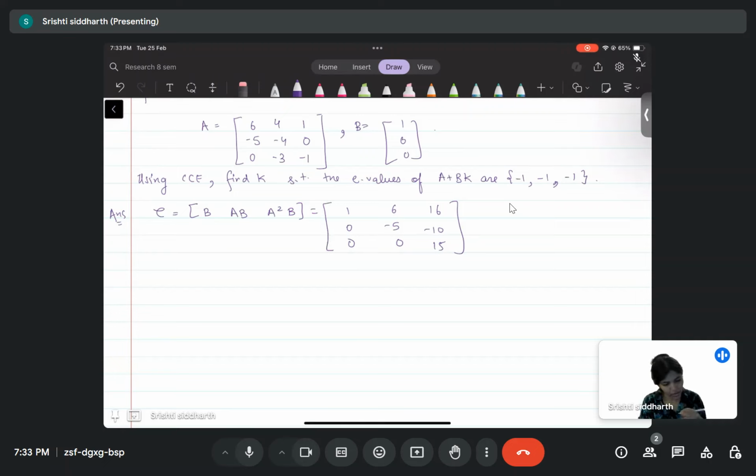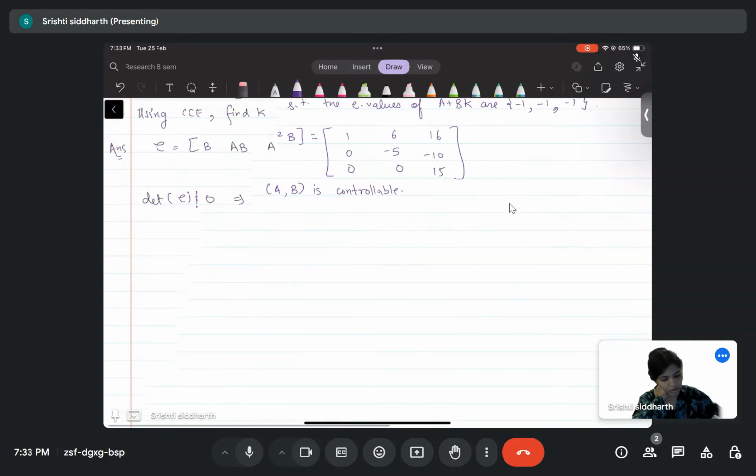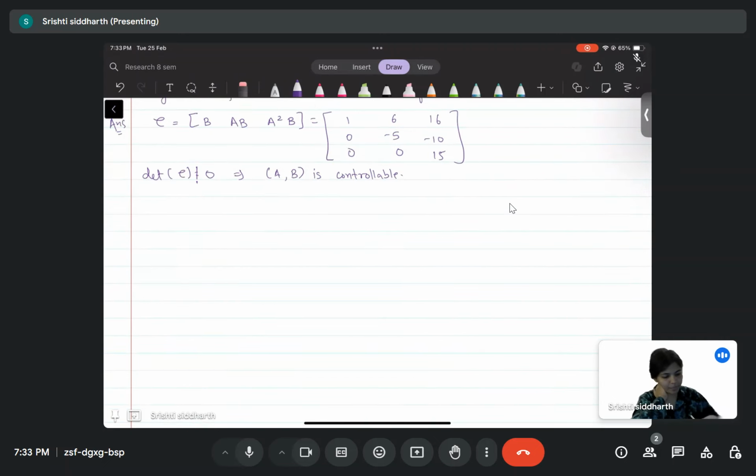We've already done this question, so this determinant is non-zero, which implies that the pair A, B is controllable. We can place the eigenvalues at the desired locations since the pair is controllable.